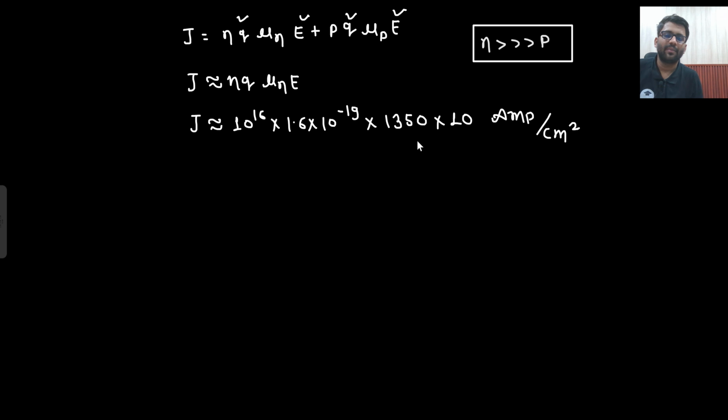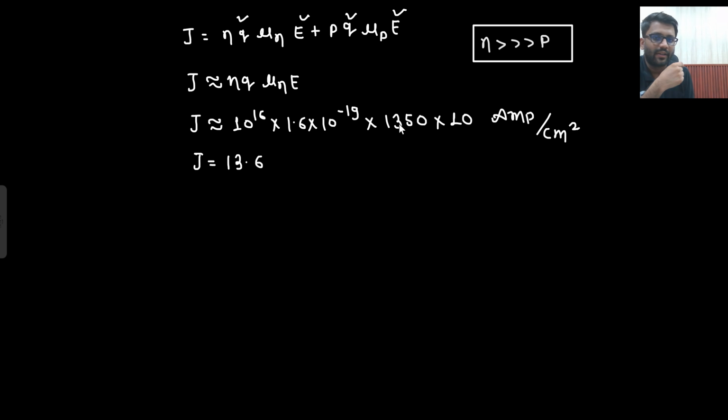So what we can see, 13.5 into 1.6, 21.6 ampere per centimeter square. 13.5 because 10 to the power 16, and from here I can take 10 to the power 2. So 10 to the power 18 it will become, I need to cancel 10 to the power minus 19.